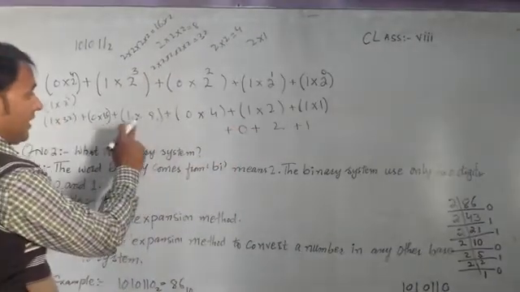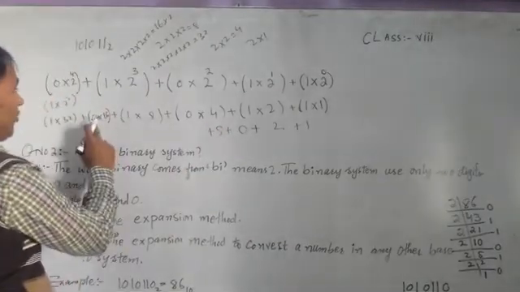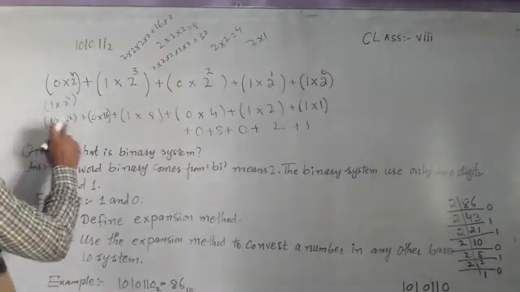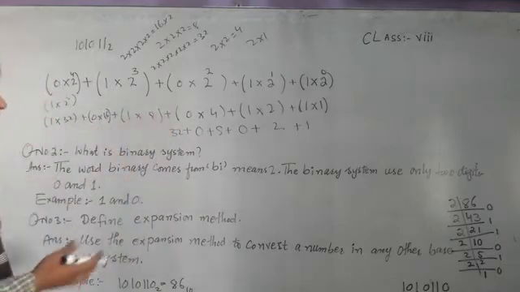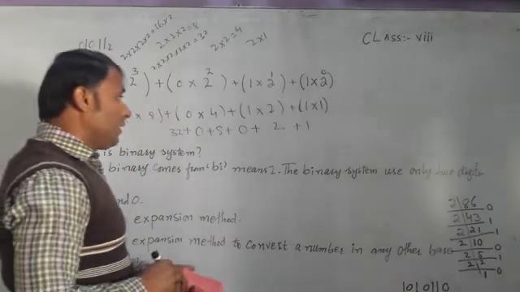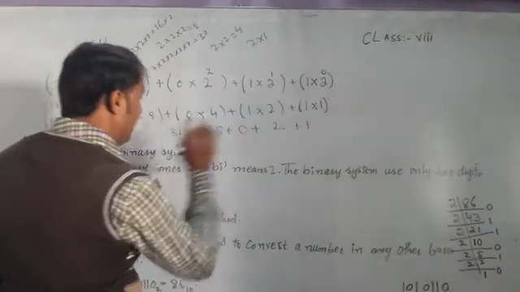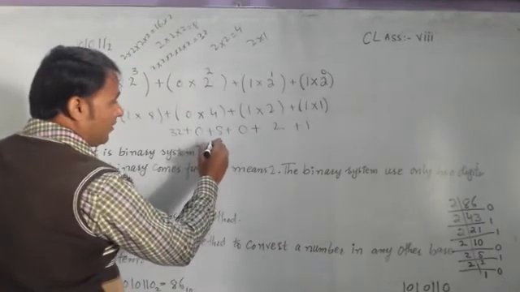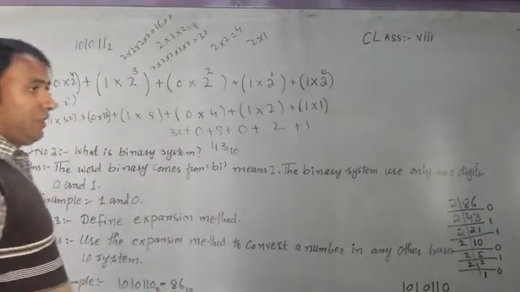Again 1 multiplied by 8 is 8, plus 0 multiplied by 16, same, 0 is coming, and 1 multiplied by 32 is 32. Now we just add these numbers. How do we add? 32 plus 8 plus 2 plus 1. 32 plus 8 is 40, 42, 43, meaning 43 is converted into base 10 system.